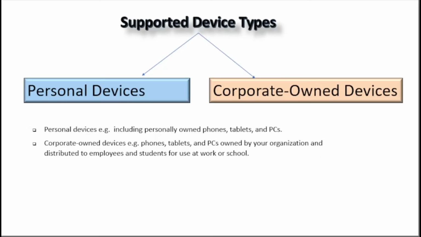Intune supports two types of devices. The very first type is a person-owned device, meaning the user wants to use their own device, either a personal PC or mobile, for accessing company resources like email. Intune supports bring your own device, also known as BYOD enrollment.